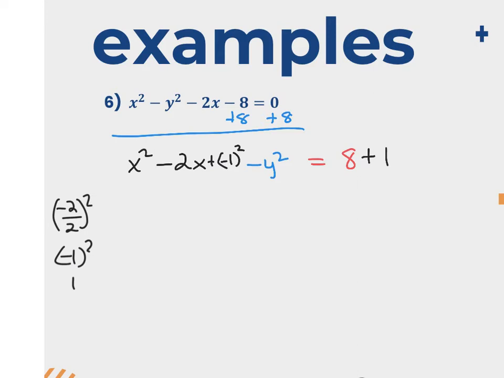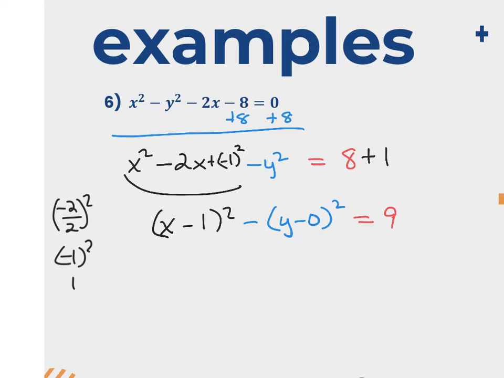So I can go ahead and complete the square here and factor this. So this becomes x minus 1 squared. And then I have my y, and since there's no b term, it's going to be y minus 0 squared, and then it equals 9.